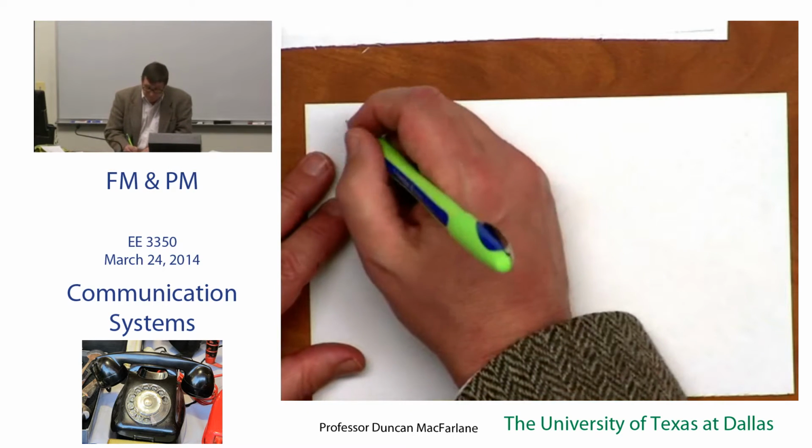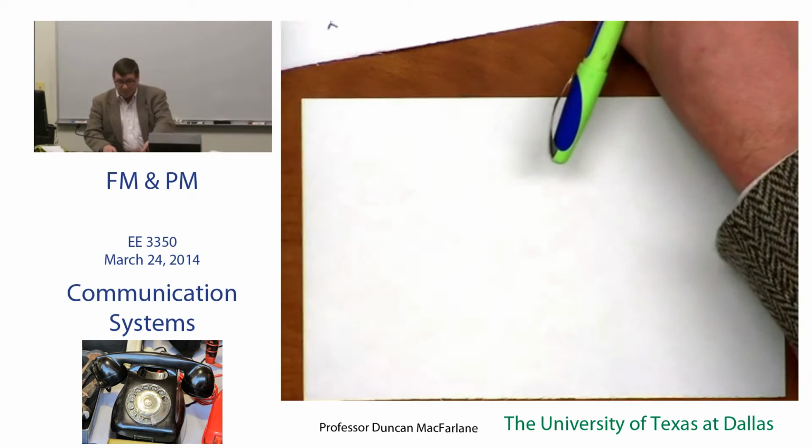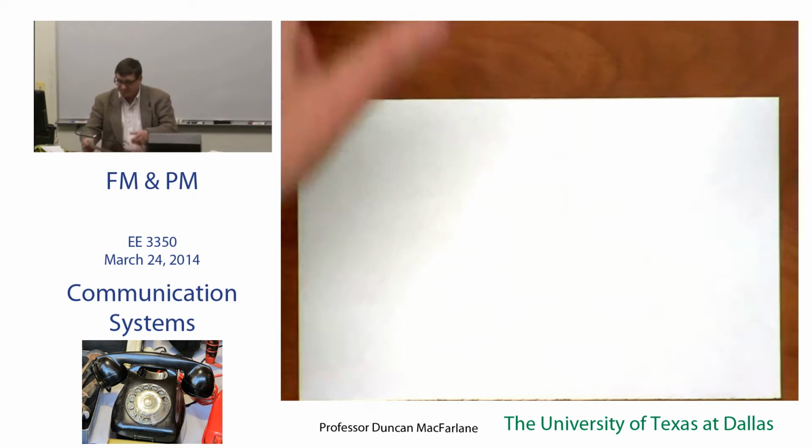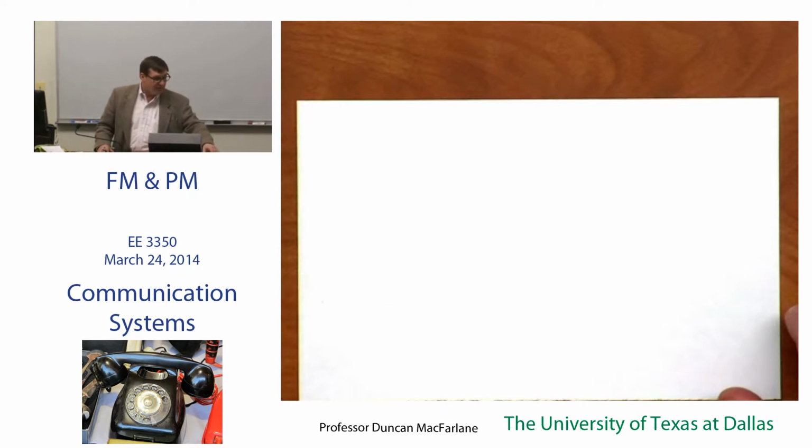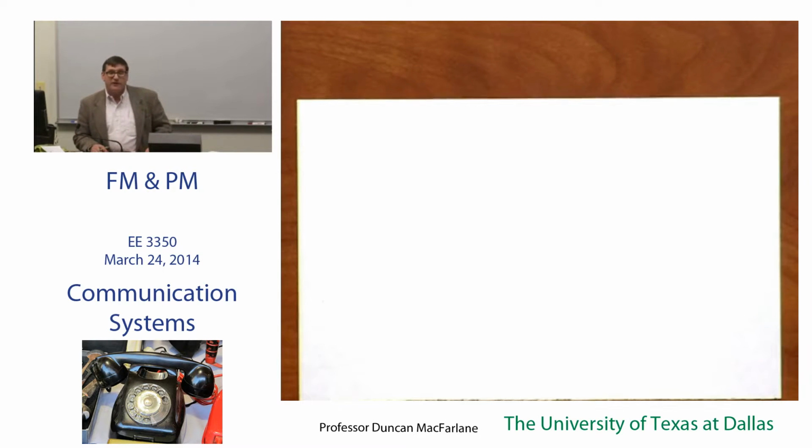Now, one of the big questions that we have to ask ourselves for FM and for PM is what kind of filters we use in our system. Or another way to put it, what is my bandpass? What is my channel? What is my frequency allocation for an FM radio station versus an AM radio station?